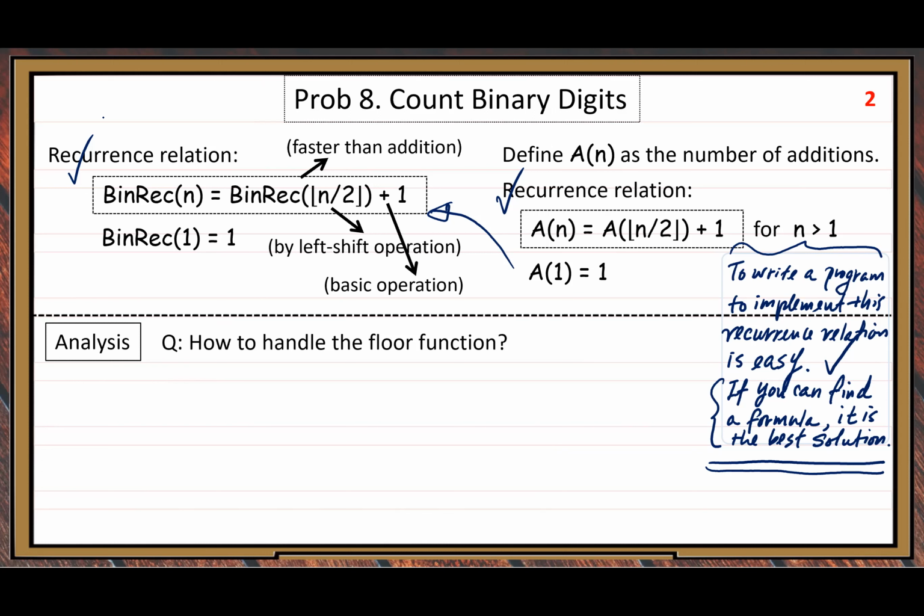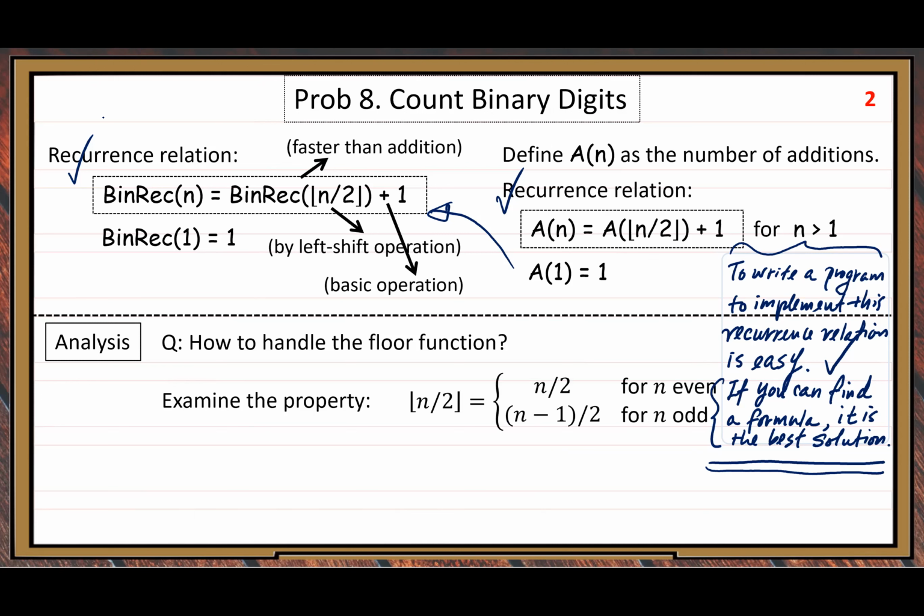If there is some uncertainty, then we need to pay more effort to handle the uncertainty. Here, the floor function is 1. Let us look at the property of the floor function, division by 2.